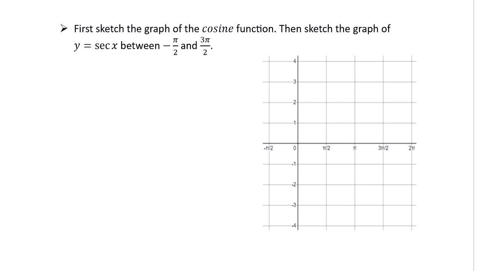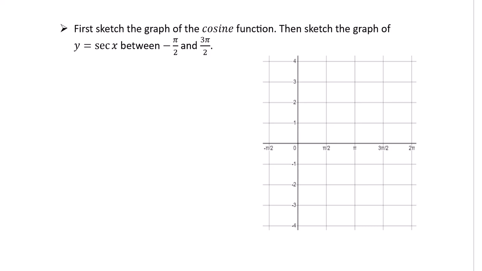So in looking to sketch this graph, let's first sketch the graph of the cosine function, and then we'll sketch the graph of y equals secant of x between negative pi over 2 and 3 pi over 2 using the values that we just found in the table.